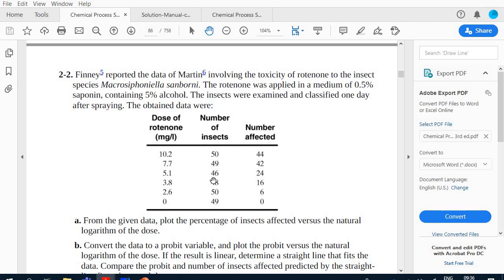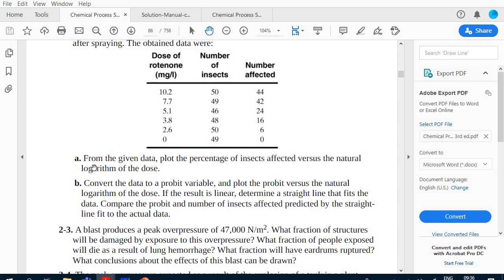The total number of insects is not always exact, because it's difficult to collect and count them exactly. But the more important thing is that they are very close to each other, so it is comparable in that sense. So that's the data that we have.